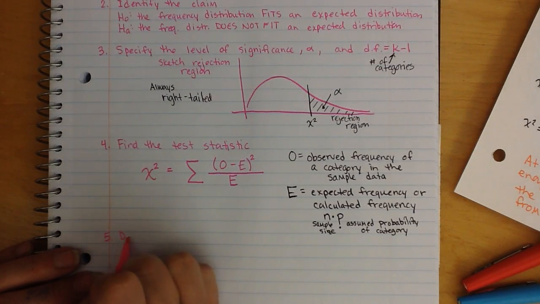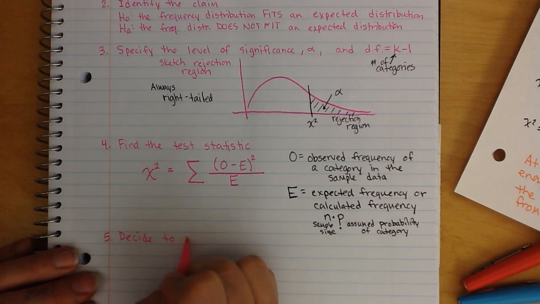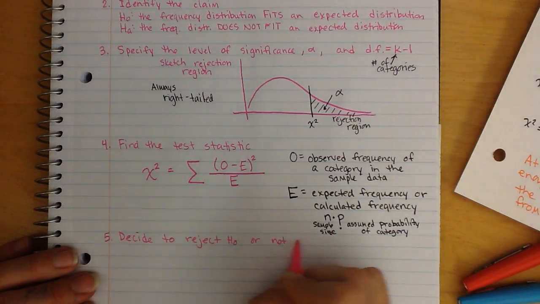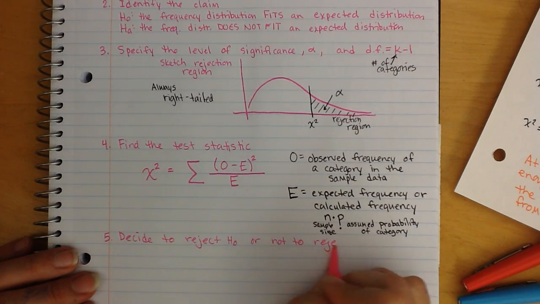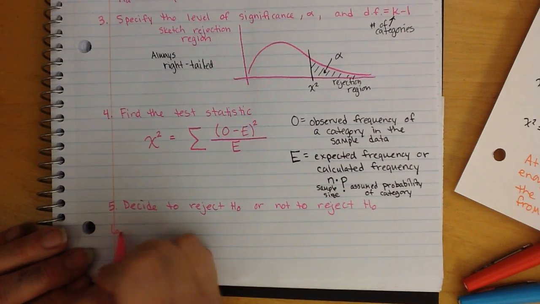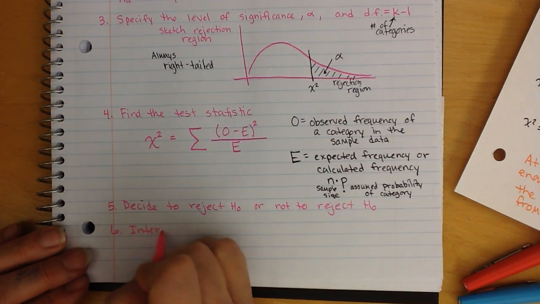Then next we're going to make our decision based on that rejection region, and interpret the decision in the context of the claim.